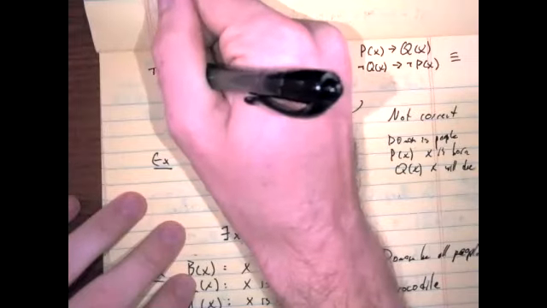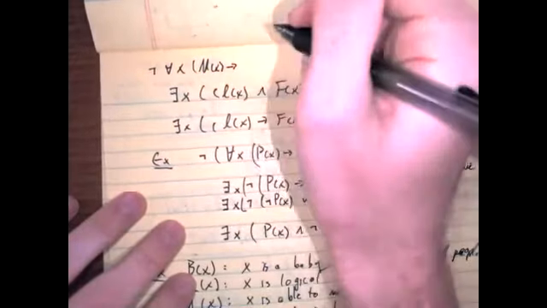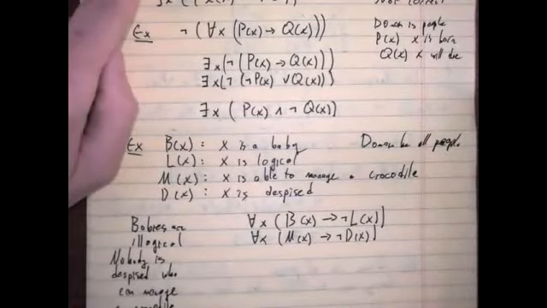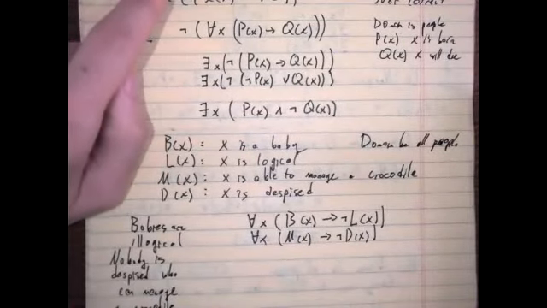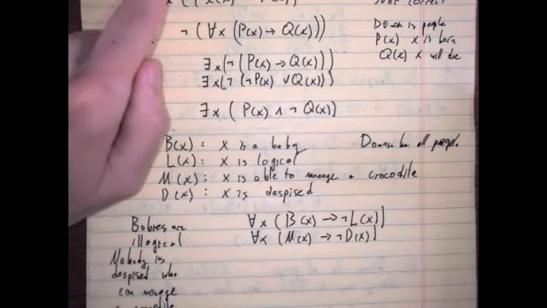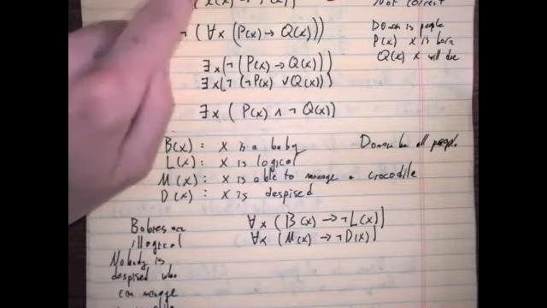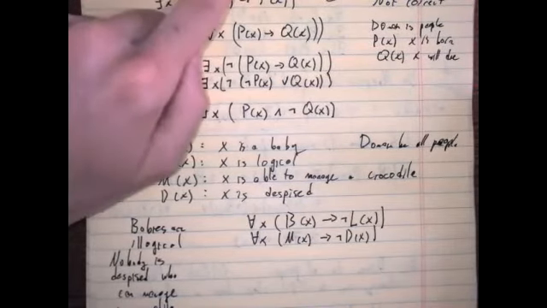So you're saying it is not the case that for all x, if you manage a crocodile, then you are despised? No, here, the negation of this proposition is probably there exists a person who can manage a crocodile and is not despised.